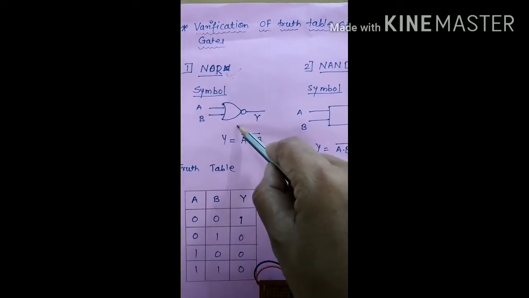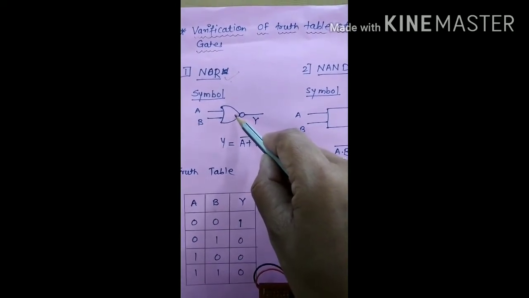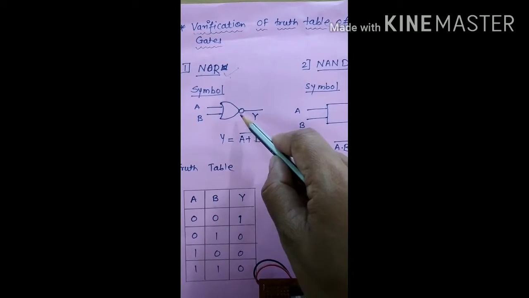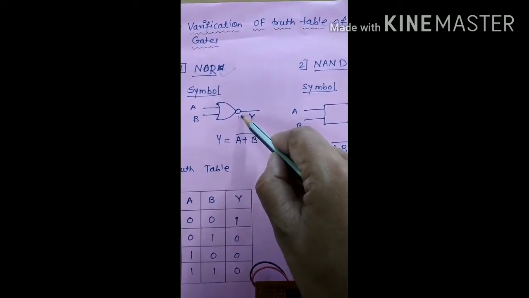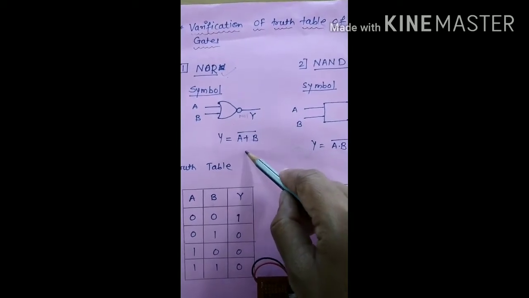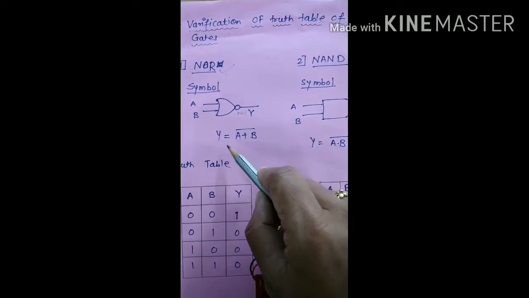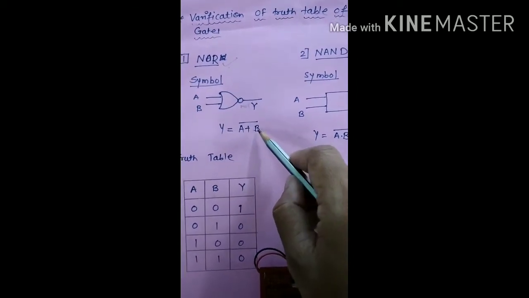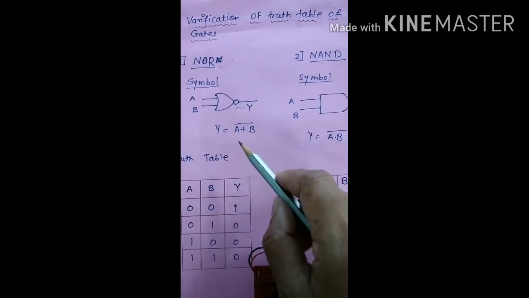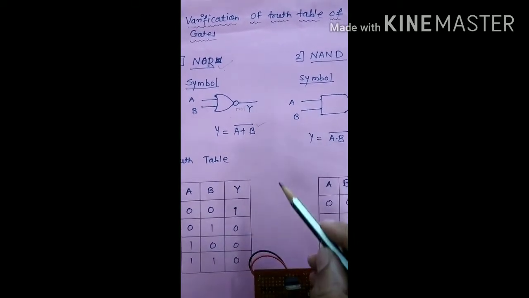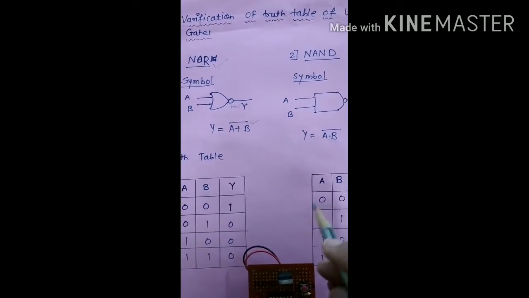So the symbol for NOR gate is only a bubble added into the OR gate, which is nothing but a NOT gate. Now the logical expression for NOR gate is y is equal to (a plus b) bar. So this bar indicates the inversion of the OR gate.